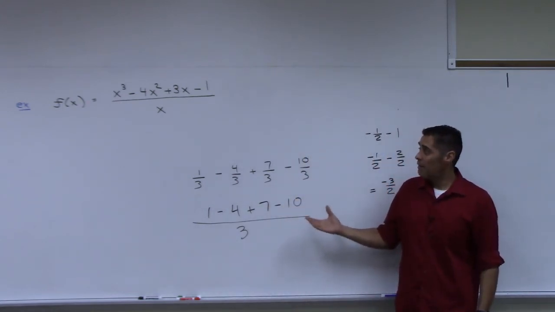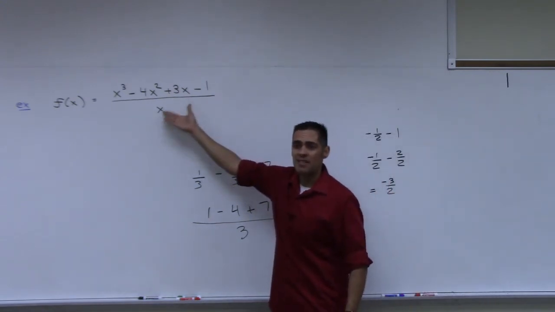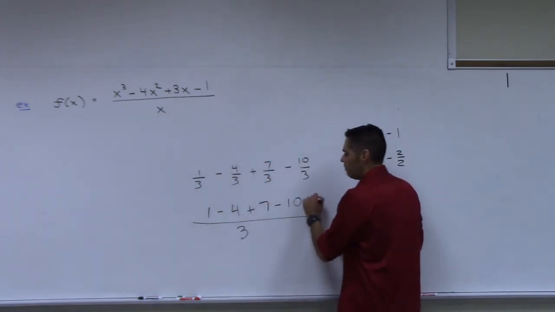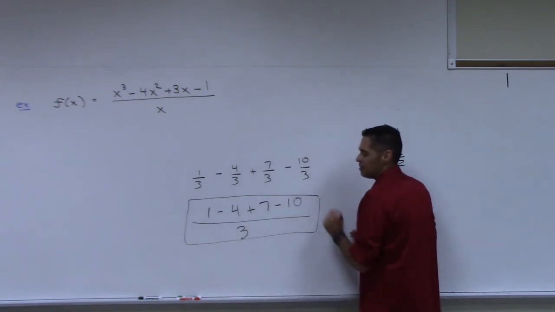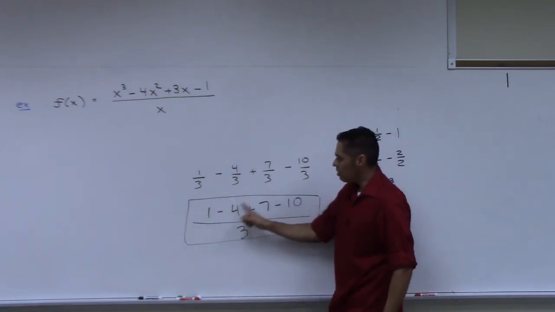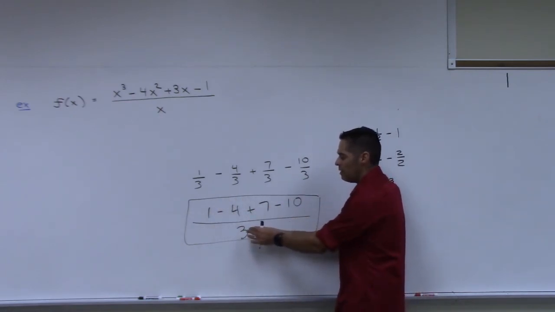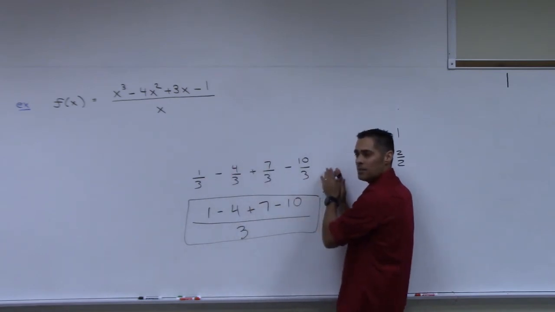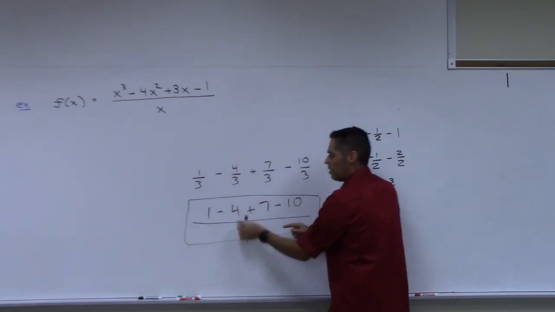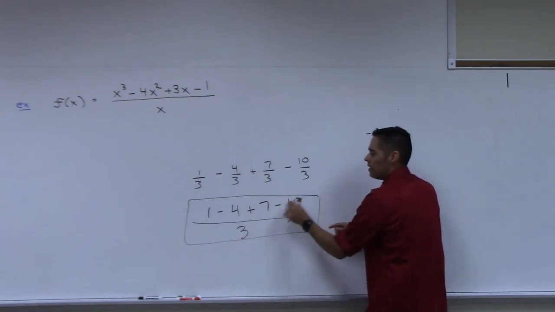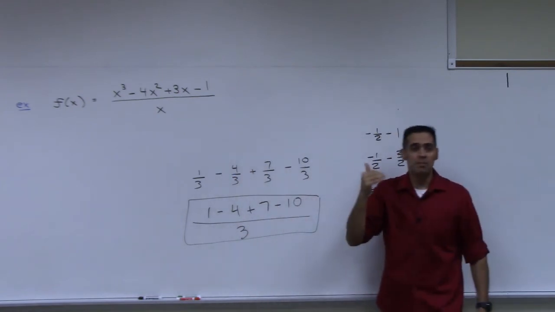Okay, what we have here is the same thing as what I have here. But we're starting with something like this. If you have multiple terms over a single denominator, you may split this up like this. So you can do the 1 over 3, the minus 4 over 3, the 7 over 3, and the negative 10 over 3 separately. That's what's being suggested.